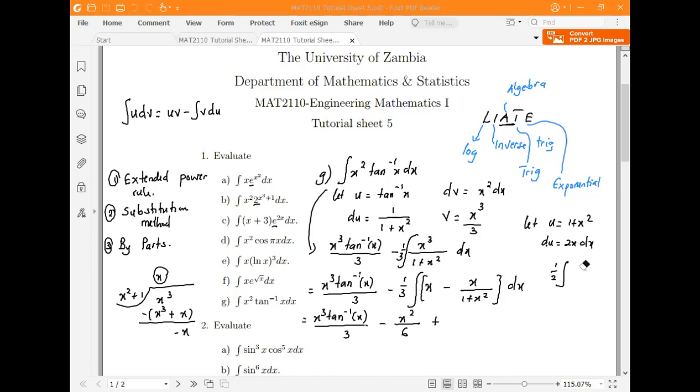So it's sitting as du over u. Whereas du over u is just the log of u. What is u? u is 1 plus x². That's it. I'm not bothered about putting the absolute. Remember, whenever you integrate and a log comes in, you put the absolute. That is if you're not so sure of what sign is your 1 plus x². Now, in this case, I know x² is positive and 1 is positive, and I'll add it. So it will be positive.